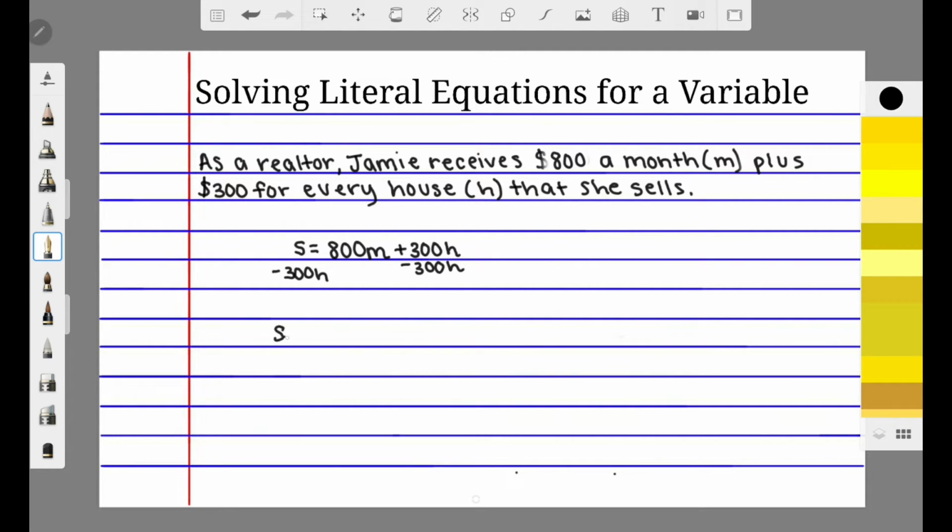So her salary minus 300 times all of the houses she's sold is equal to $800 times the number of months. Alright, now we can get rid of the 800 by dividing on either side. Alright, so we can either write it just as it's written right here.